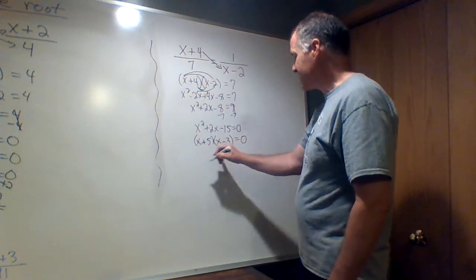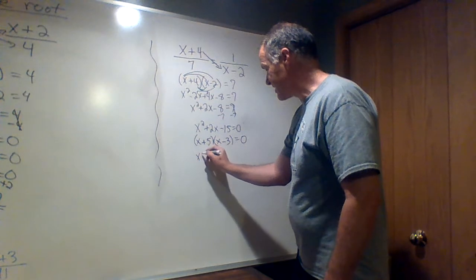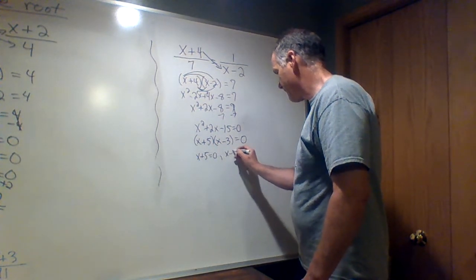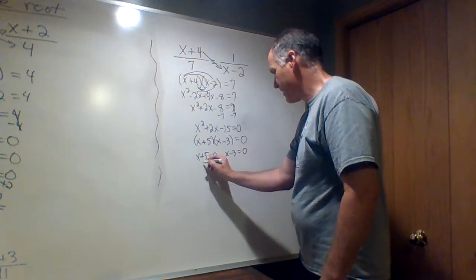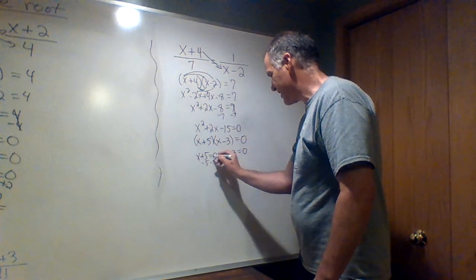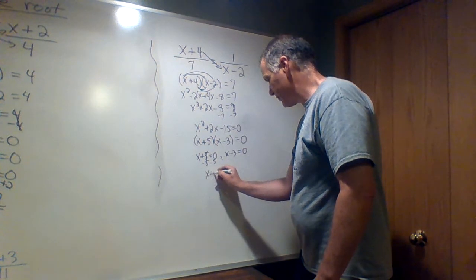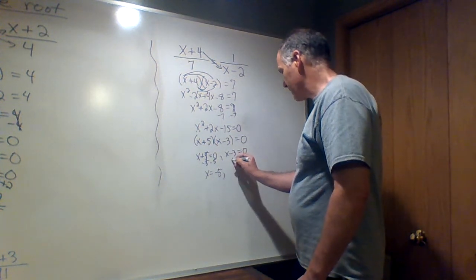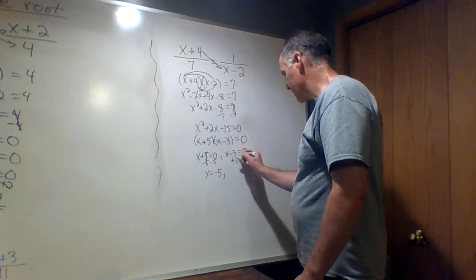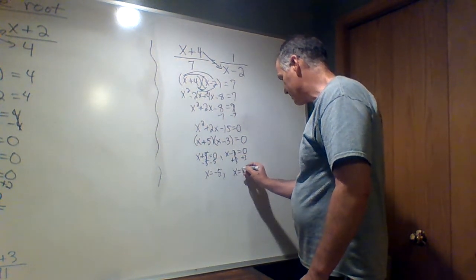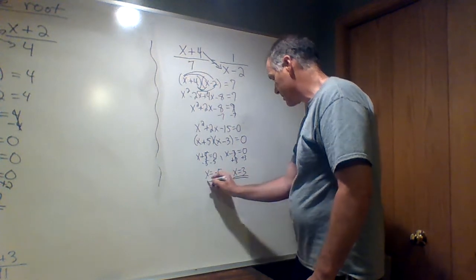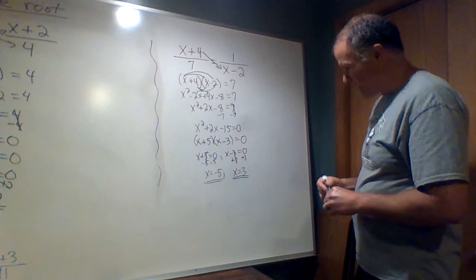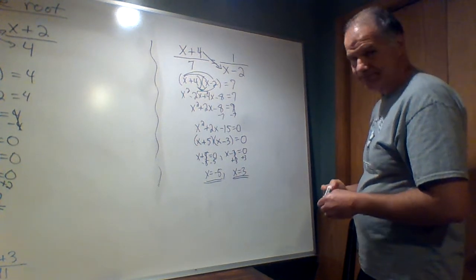Now, once I have these factored with 0, remember we set these each equal to 0. So the plus 5, I'm going to minus 5. So my first answer is negative 5. Plus 3, I have a minus 3 there and then a plus 3 to both sides. The second answer is positive 3. And boom, there we go. x equals negative 5 and x equals positive 3.